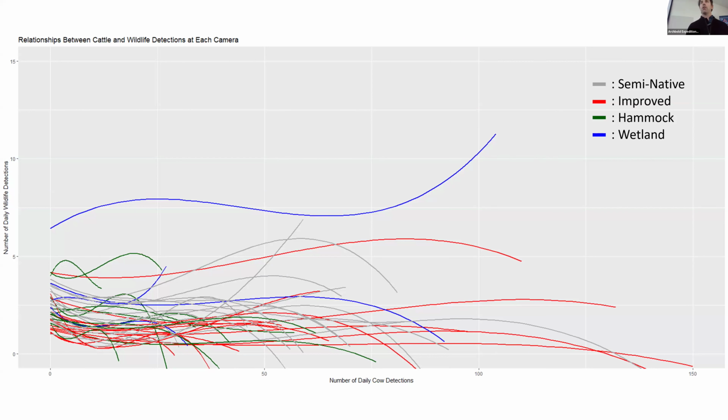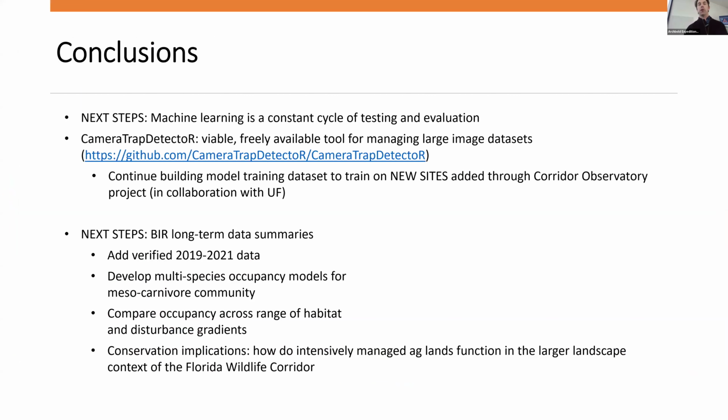This curve of best fit shows the relationship between cattle and wildlife detections at each camera throughout the ranch. The takeaway is that we have ample data to start interrogating these kinds of variances at the camera level and to begin to do more complex modeling. So we're really looking forward to that. I'll buzz through these conclusions.